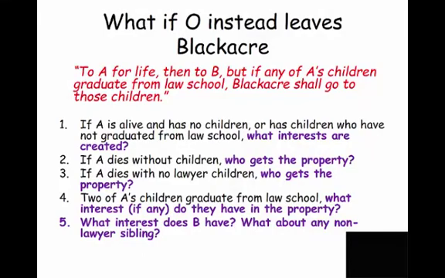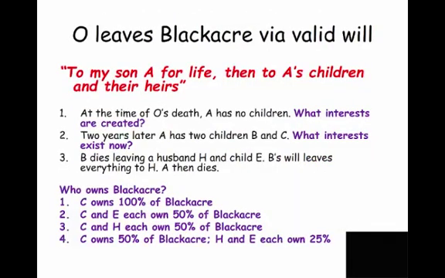What those children have, however, can be partially divested from them if their siblings go to law school. So if only one of A's children goes to law school, that child will take all of the property. If another child then graduates from law school, now the first child's share is divided in half because they each get an equal share of the property, and so on and so forth.